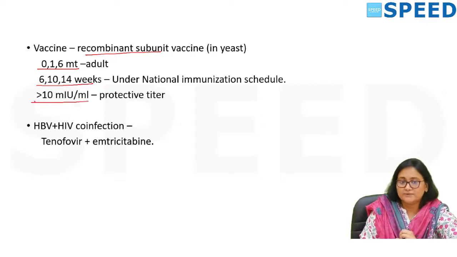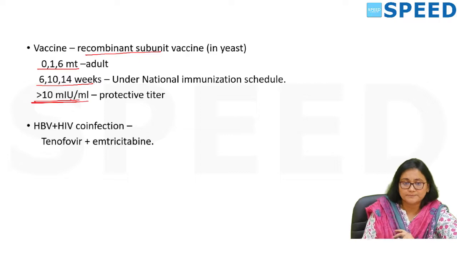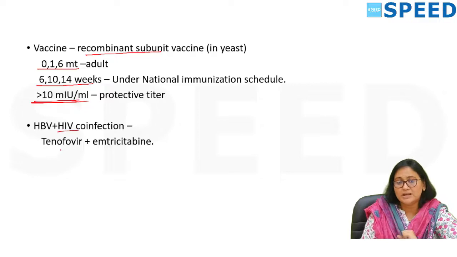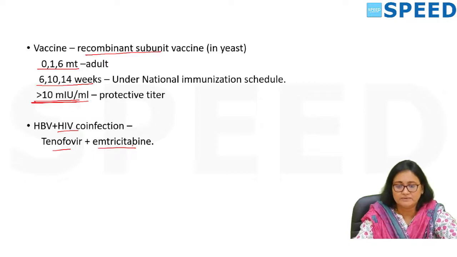So if after vaccination the titer has not risen above 10, then those are non-responders. If there is hepatitis B virus infection along with HIV co-infection, you have to use tenofovir or emtricitabine combination.